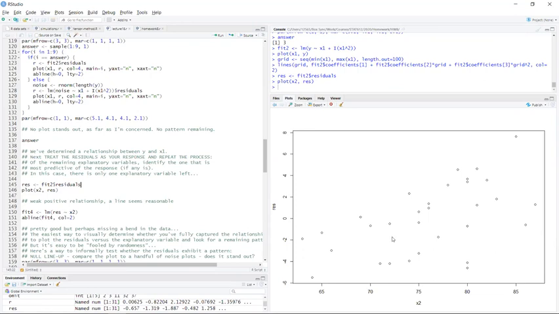Adding those together is going to give you a better overall prediction of y than you would have by just using x1. So that's the idea behind seeing if you can predict the residuals.